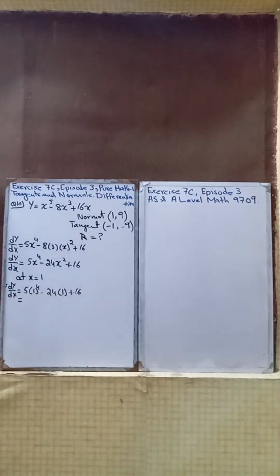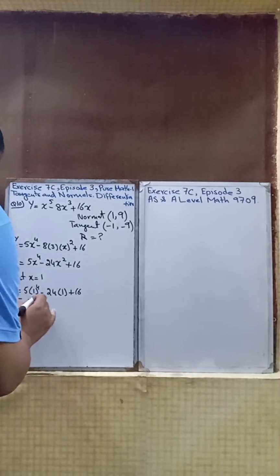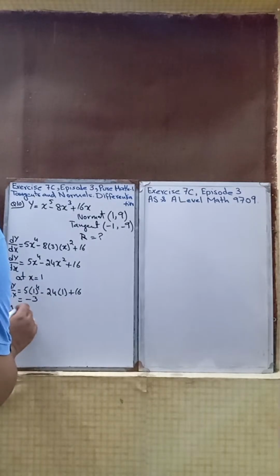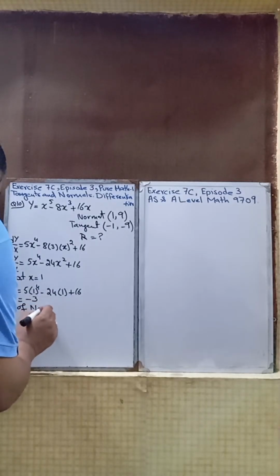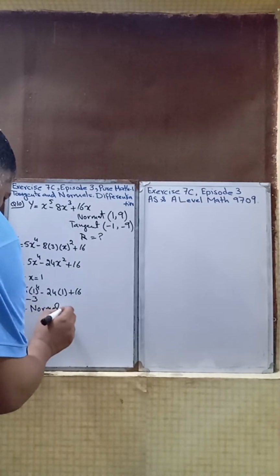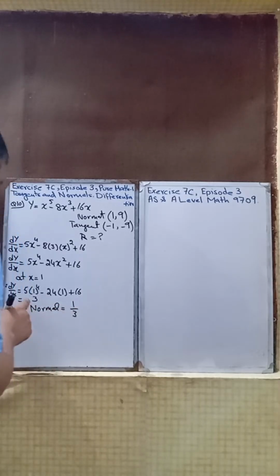Its answer will be 5 plus 16, that is 21, and minus 24. So 21 minus 24 is minus 3. So the gradient of the normal will be 1 by 3: take the reciprocal of this and change the sign. That's the gradient of the normal.